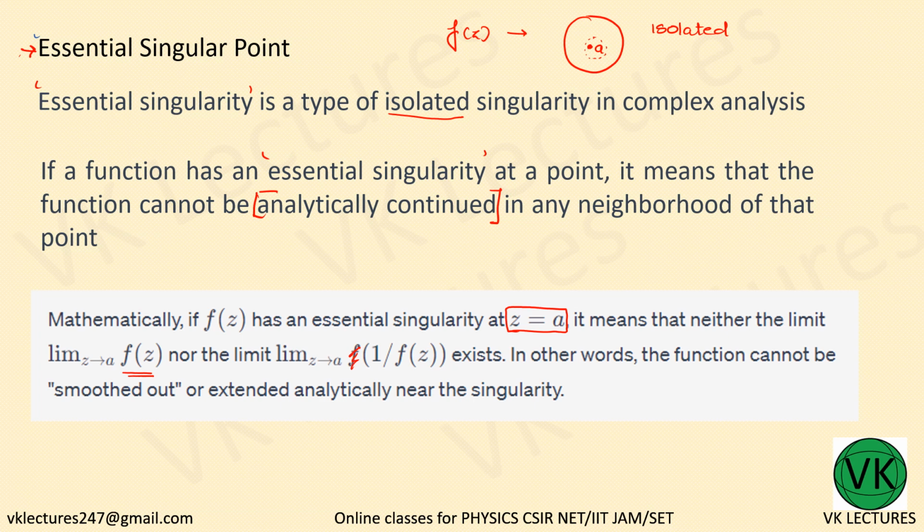So f of z at z equal to a and 1 by f of z at z equal to a do not exist. Both these functions do not exist in that neighborhood.